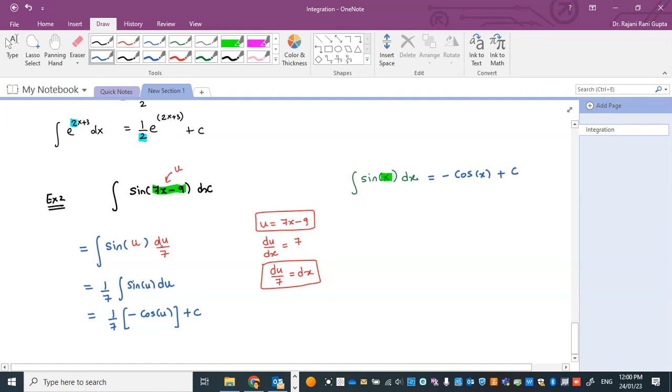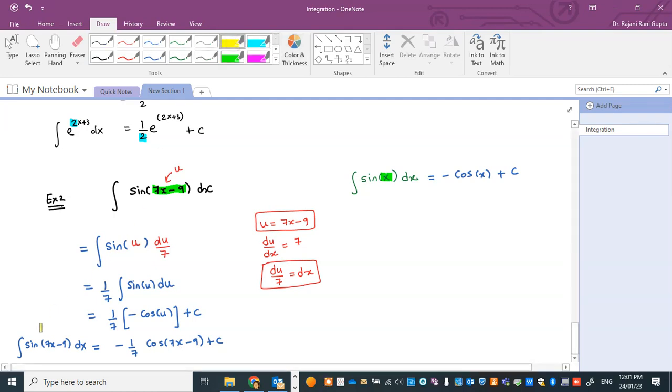Okay, returning back to the original variable x, we get minus 1 over 7 cosine of 7x minus 9 plus c. So we get the result that the integral of sine of 7x minus 9 dx is equal to minus 1 over 7 cosine of 7x minus 9.